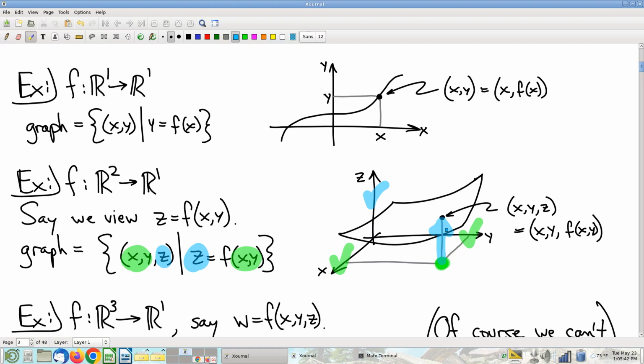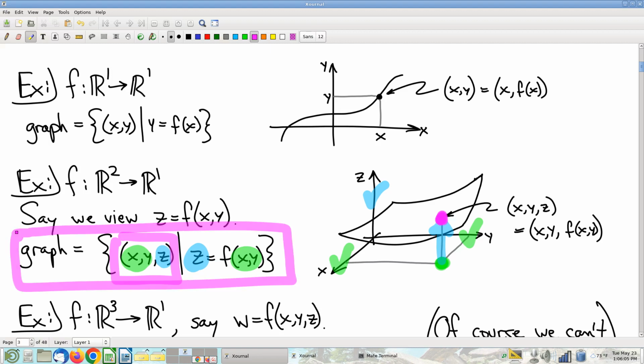So again, the way I've chosen to lay things out, the inputs are both horizontal. I've got 2 horizontals, right? But my inputs are horizontal, my output is vertical. Not that you have to, but just for convenience. And the points that you get as a result, like this point right here, are points that are on the graph. And the actual entire graph is the collection of all such points.